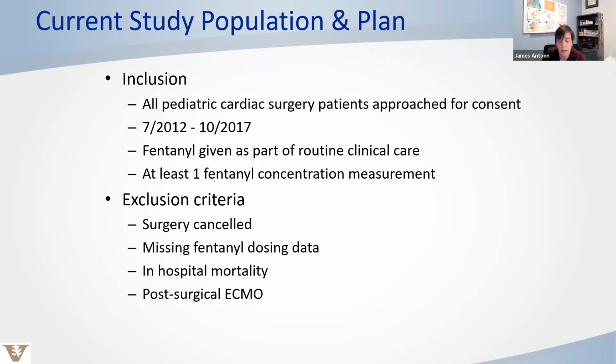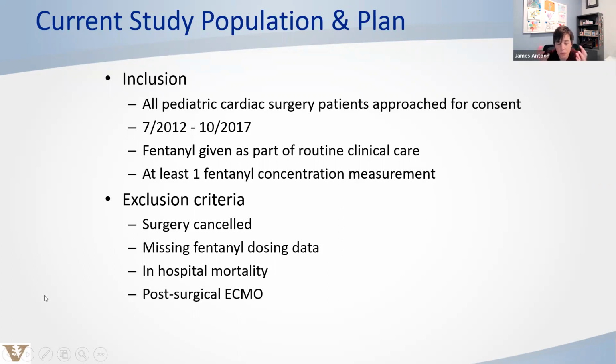And then if they had ECMO support while they were in their recovery, we also removed them from the cohort because we know that being on essentially the bypass machine changes your drug kinetics in a lot of different ways.